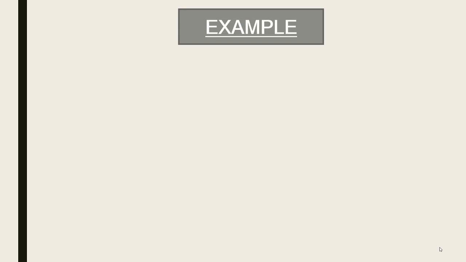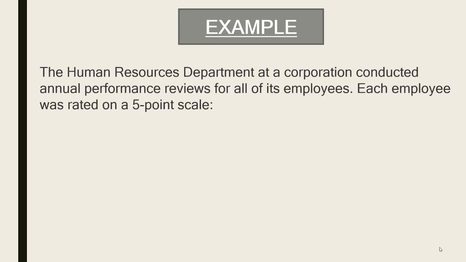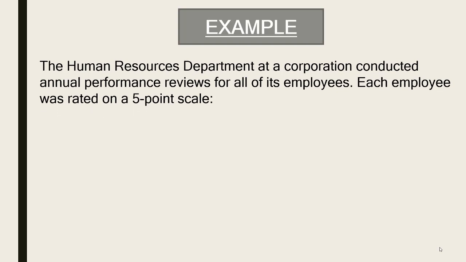In this example, the Human Resources Department at a corporation conducted annual performance reviews for all its employees. Each employee was rated on a 5-point scale, 5 being exemplary performance, 4 being above average, 3 being average, 2 being below average and the employee needs improvement, and 1 is unacceptable performance and the employee is on probation.